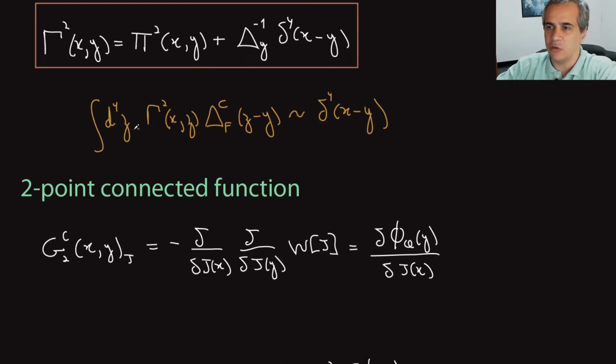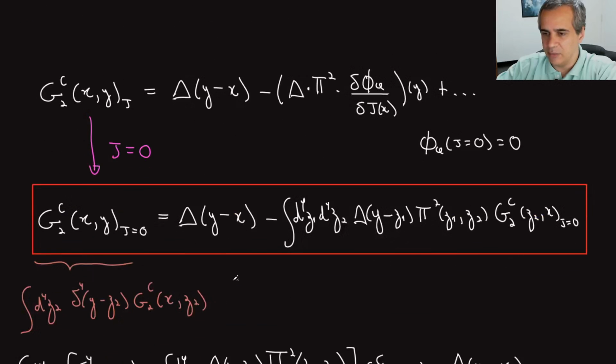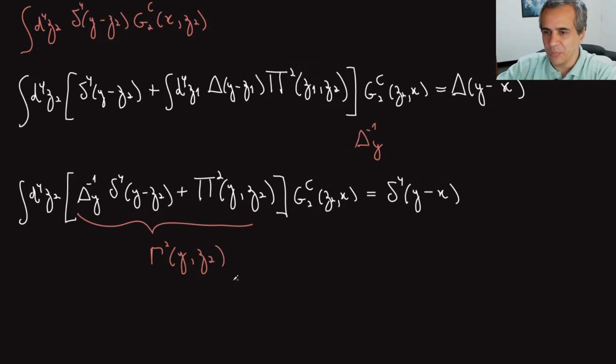Down there it's called z2, but I'm showing that when I apply this gamma 2 to the full propagator, which I'm identifying with all the 2-point connected diagrams, I get a Dirac delta, which shows that this is, in the sense, the inverse of that green function.